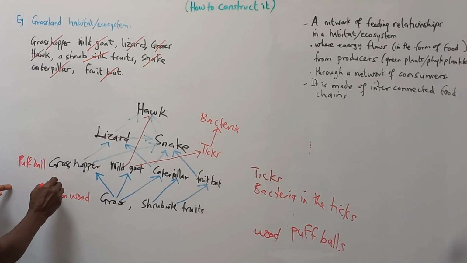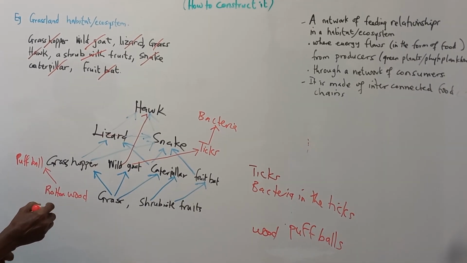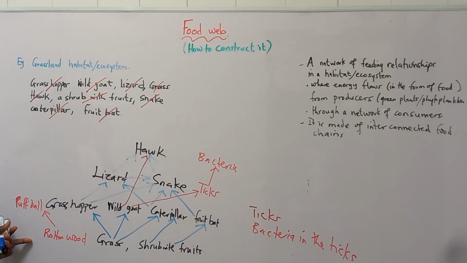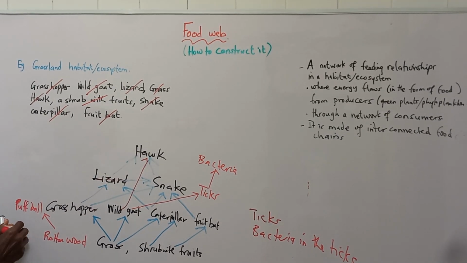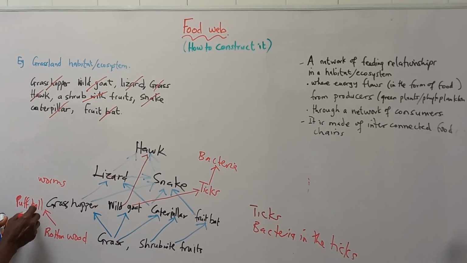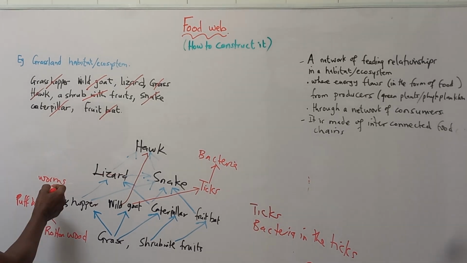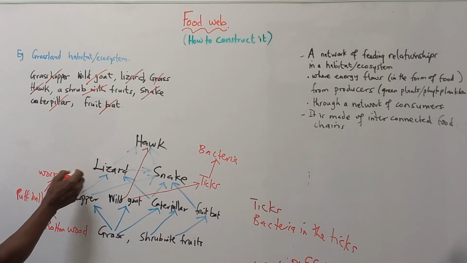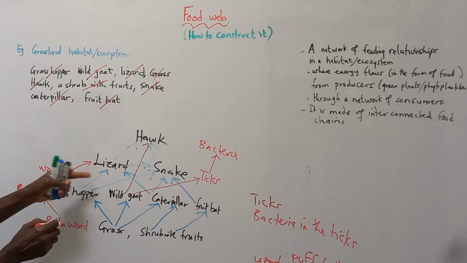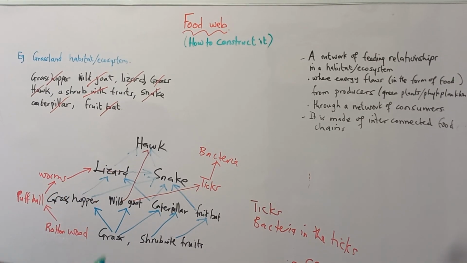And so energy will flow from the rotting wood to the puffball, and the puffball will decay the rotting wood. And if there are tiny, tiny worms in there, they'll get bits and pieces from the rotting wood that the puffball worked on. And other organisms like the lizard can also get a share, feed on the worms, and energy will flow from the worms to the lizard.